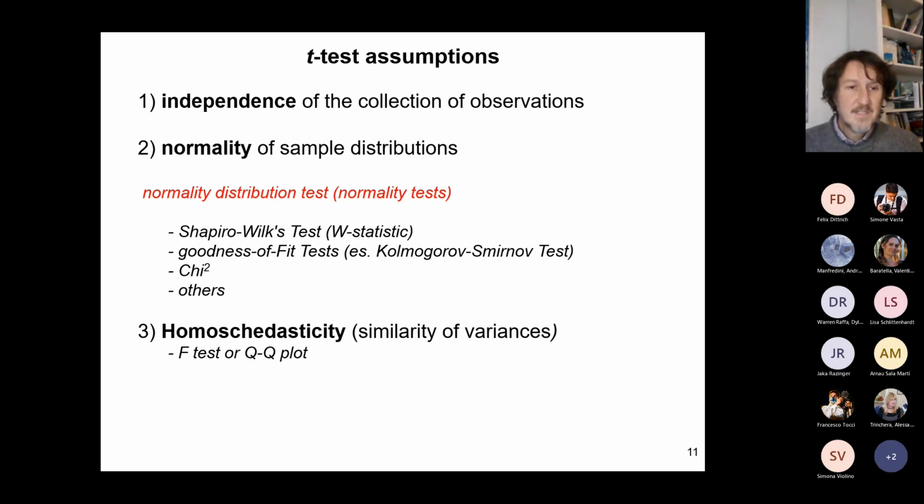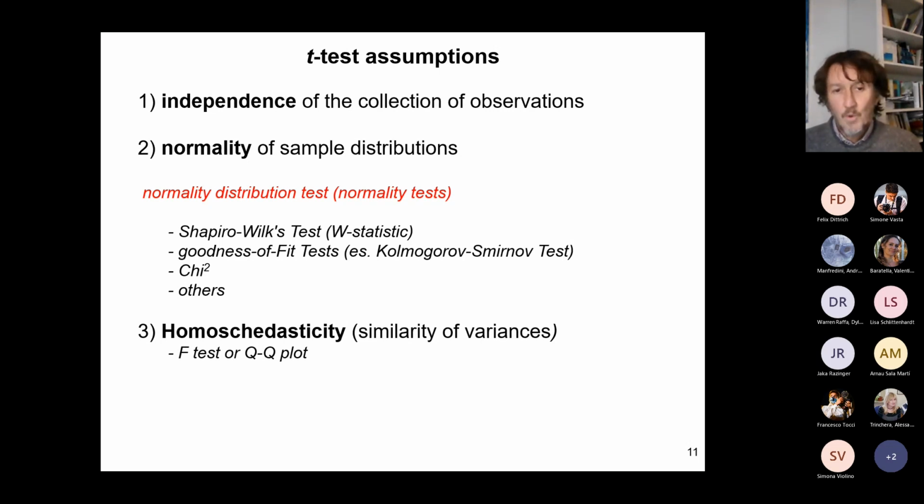In general, I could say that the normality test and the homoscedasticity tests are not so often reported, even in scientific papers. But I suggest you follow what I will show this afternoon, because in my opinion, it is very important to demonstrate the normality and the homoscedasticity.